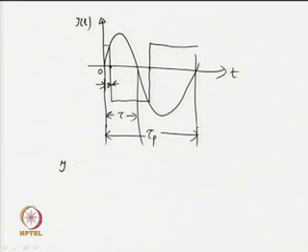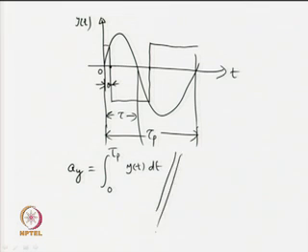Now, I have to write the expression y(t) is equal to integral from 0 to tau p of y(t) dt. Sorry, this is not the output, this is the area of the output. So, I write Ay is equal to integral from 0 to tau p of y(t) dt. Now, how to find y(t) for different time segments, because we have got different types of inputs, a number of piecewise constant inputs to the system.